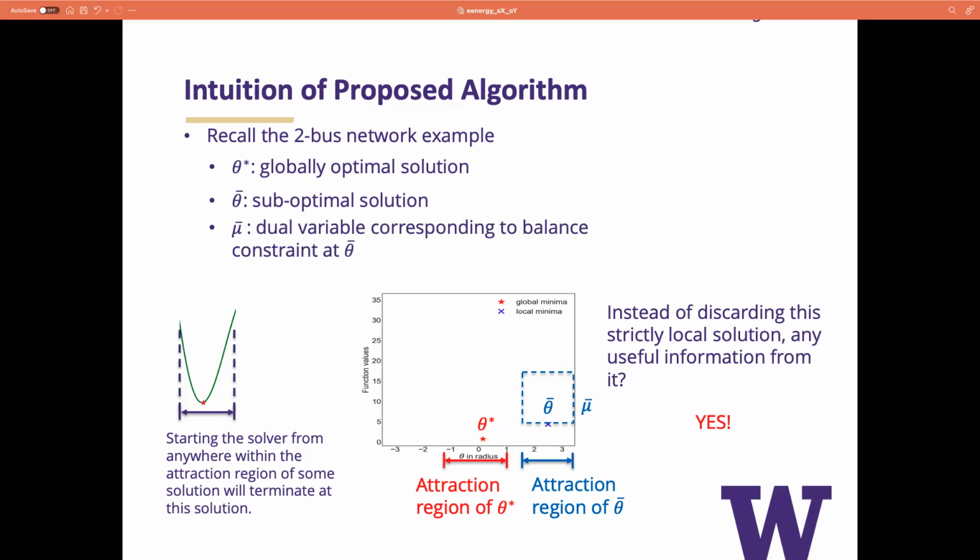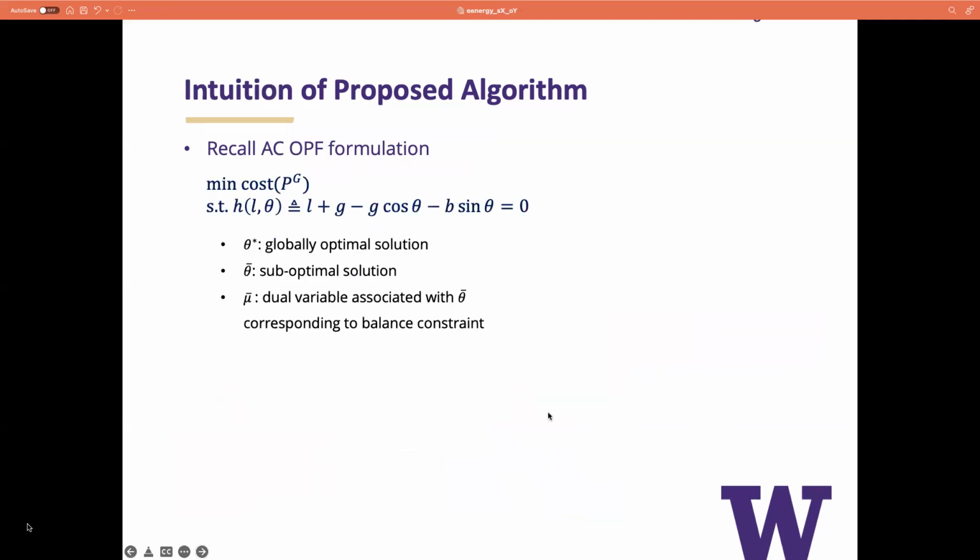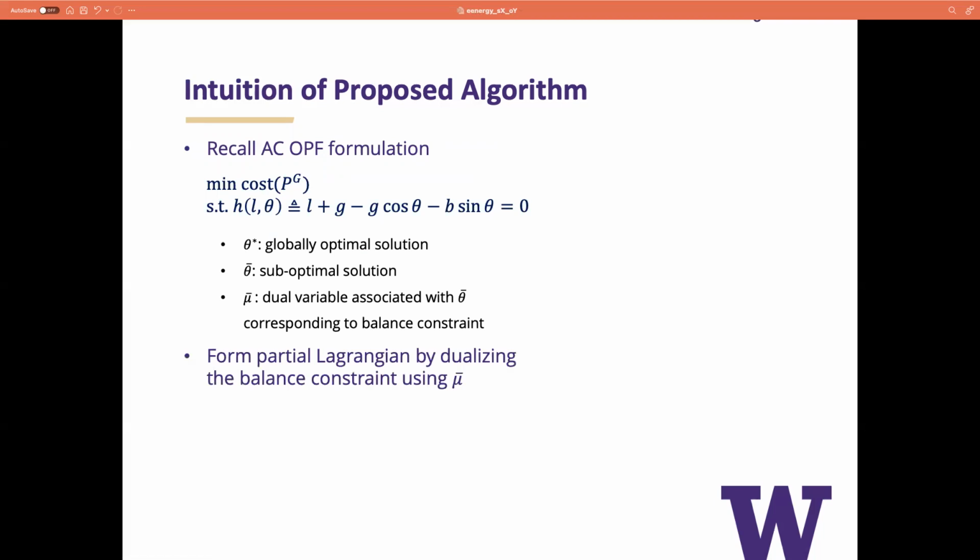We can look at the dual variable that corresponds to the balance constraint associated with this local solution. Let's call the dual variable associated with this local solution mu bar. Now we can write out the partial Lagrangian using this dual variable.